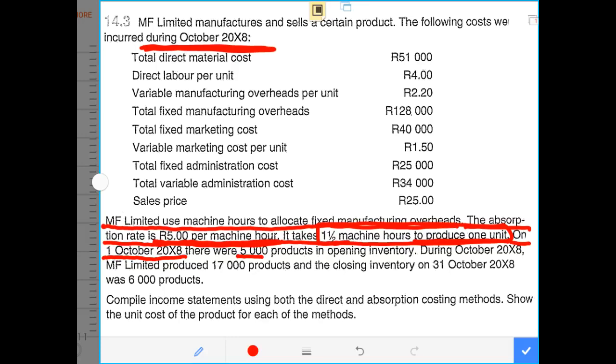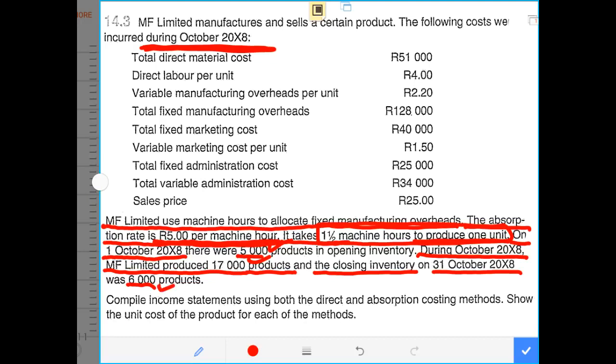This will be our opening inventory. Then during the month of October 2008, MF Limited produced 17,000 products, and the closing inventory on the 31st of October 2008 was 6,000 units. So now we are given the opening, the production, and the closing.